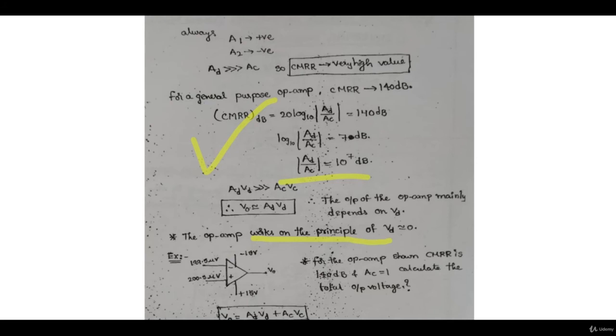But these are the properties or parameters of an op-amp you should look out for. Whenever you deal with an op-amp, people will ask you to calculate these parameters to judge whether it is performing well or not. It should have a very, very high CMRR, meaning AD will be very, very much greater than AC.